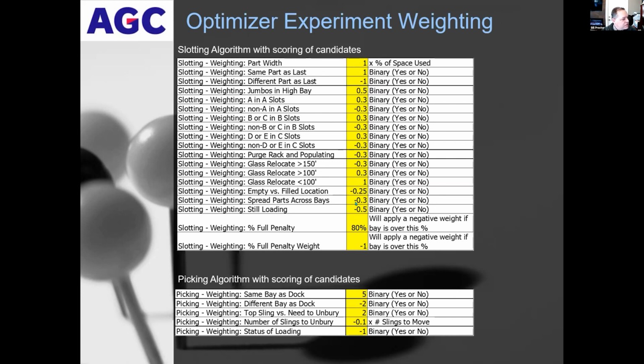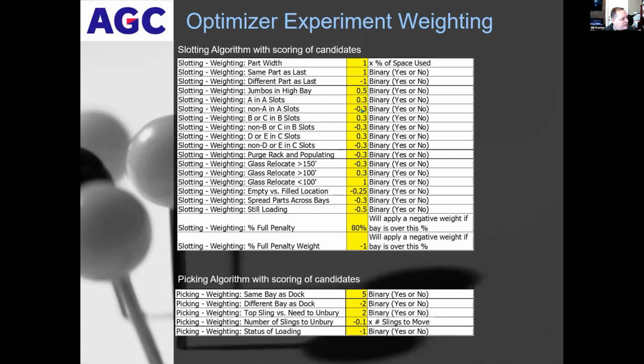So these are the weighting factors that were used for the slotting and the picking. When the model runs, the first thing it does is say, what are all the potential locations that I could store something, for example? And then it says, how good is that storage location for me to store this particular sling in?